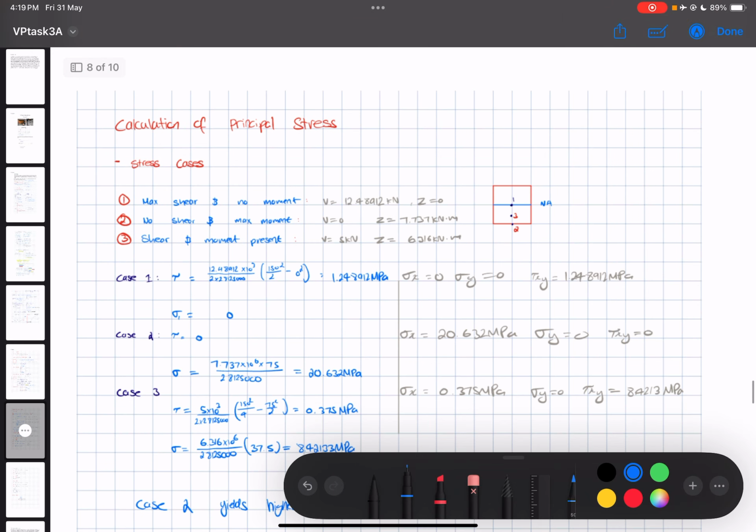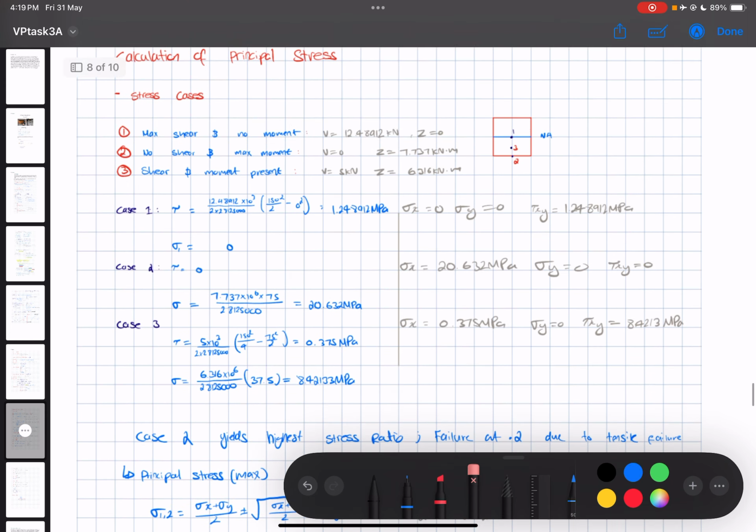And then to calculate the principal stresses, I've taken 3 different scenarios. One where there is maximum shear, one where there's maximum moment, and then a combination of both. And for all these 3 different cases, I've calculated the shear and the shear stress and bending stress.